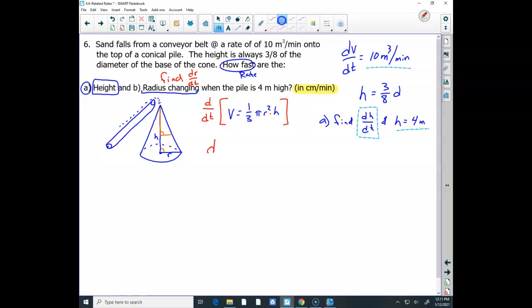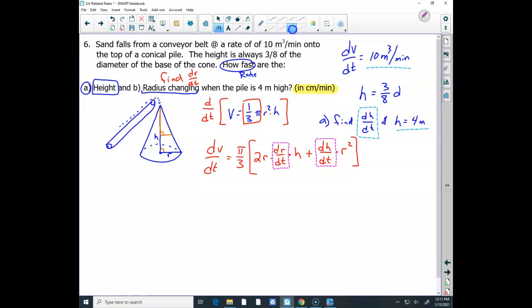But if I took this derivative, dV/dt is going to equal, I'm going to put these two here together quick, as pi over 3, and then I'm going to differentiate my product there, which is going to be 2r times dr/dt times the second term h, plus the derivative of the second term, which is going to be a dh/dt, times the first term, which is r squared. And if I look at this equation, it's really unusable for me because these are the two things they want me to find in the equation.